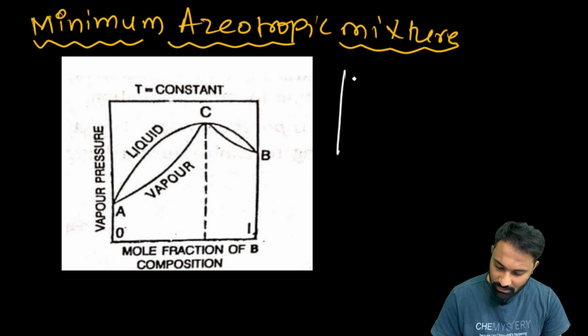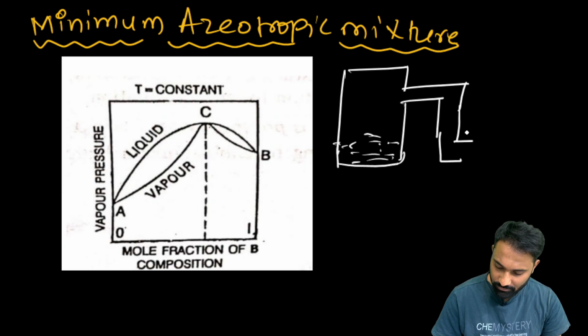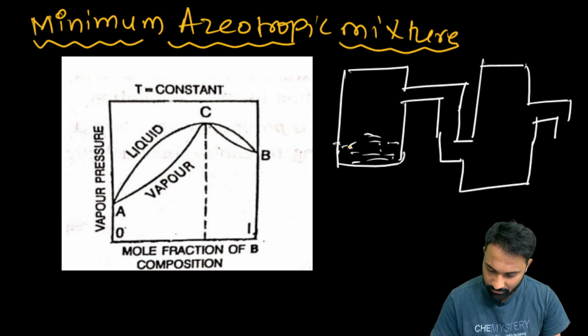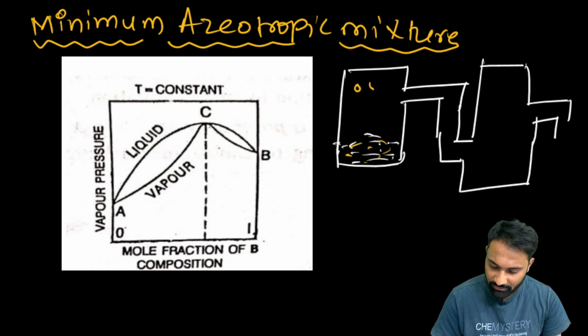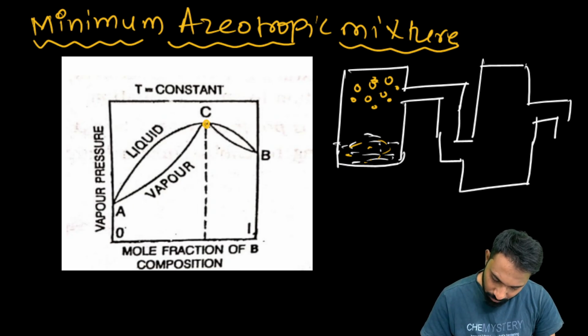Fractional distillation means, here I was taking one azeotropic mixture. Now this is an azeotropic mixture. When it has been converted into the gaseous phase, you can see this is the azeotropic mixture, mole fraction.